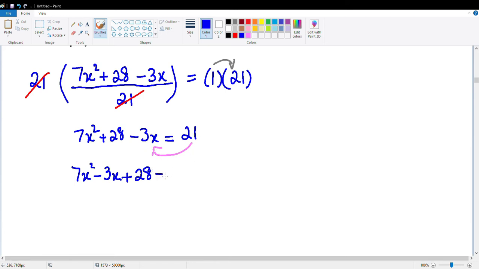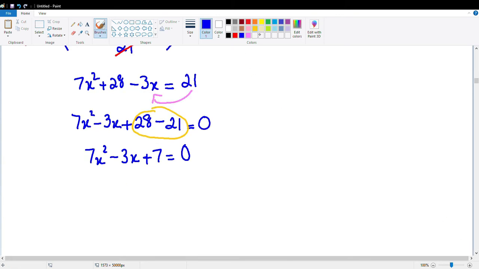It's plus right now, so it'll be minus 21. You can see that these two right here can be simplified. So 28 minus 21 is plus 7 equals 0. And there you have it, guys. This is the quadratic equation in standard form.